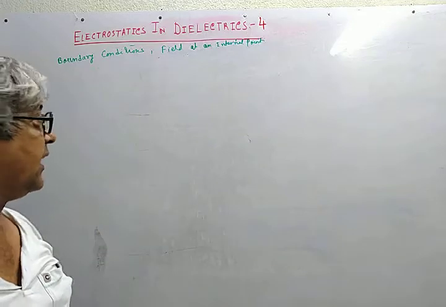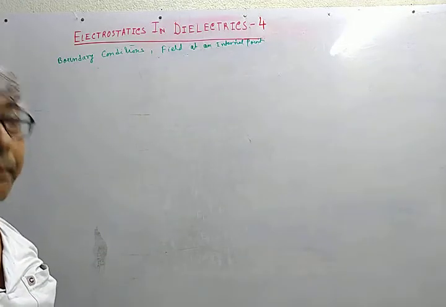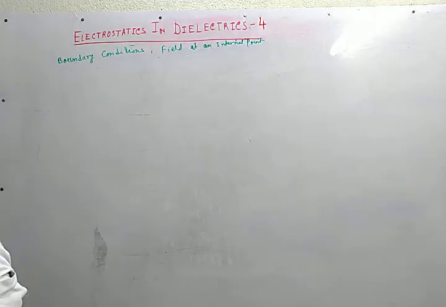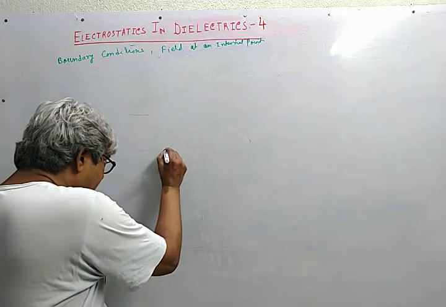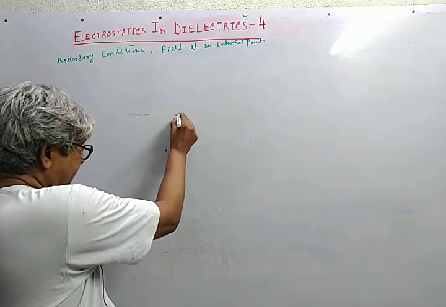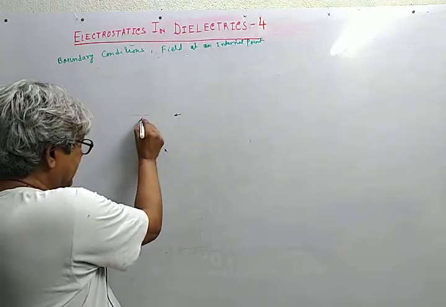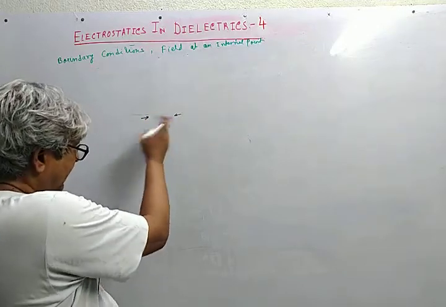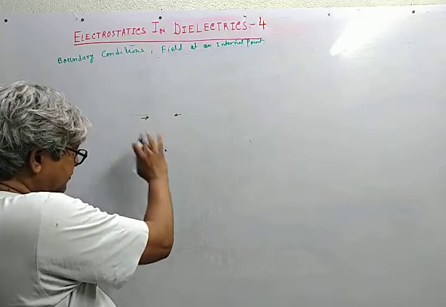If we consider a dielectric medium, it is composed of atoms and molecules. The field within an atom varies rapidly in space. Say there is a nucleus. If the electron is on this side, it will experience a force in this direction, and on the other side the force will be in the opposite direction. So the direction of the field changes rapidly on crossing the nucleus.